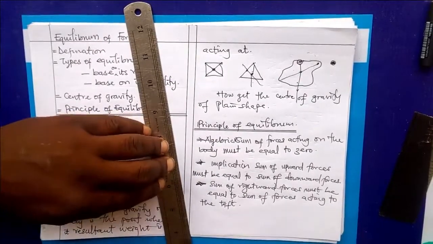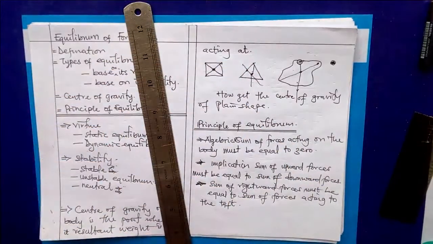So that is the meaning of this. The algebraic sum of forces acting on the body must be equal to 0 for a body to be said to be in equilibrium. And the sum of the forces acting to the left must be equal to the sum of forces acting to the right for a body to be in equilibrium.